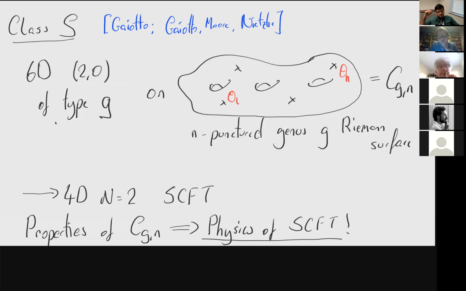The idea behind this construction is that you start with a 6D 2,0 theory that we talked about, and you compactify it on an n-punctured genus G Riemann surface, which I've schematically drawn here. When you do this, you get a 4D N=2 superconformal field theory. And the geometric properties of this punctured Riemann surface tell you about the physics of the superconformal field theory. This is our wonderful relationship between geometry and physics that this seminar series is built around.